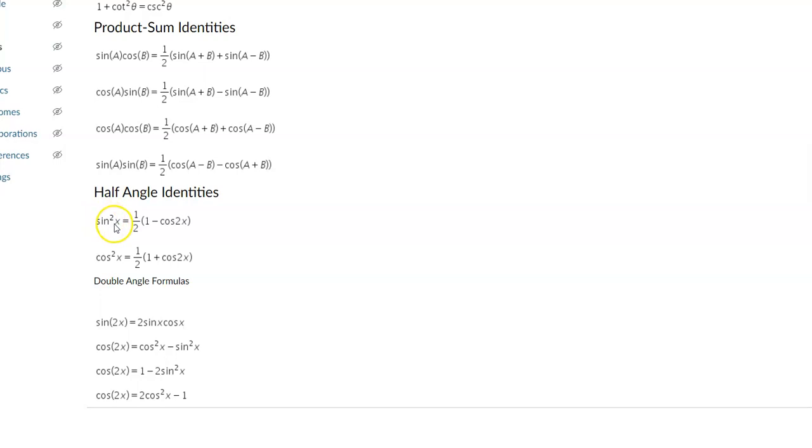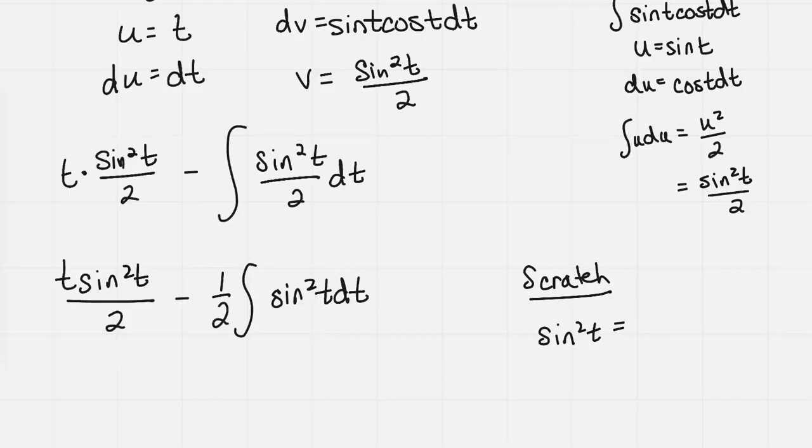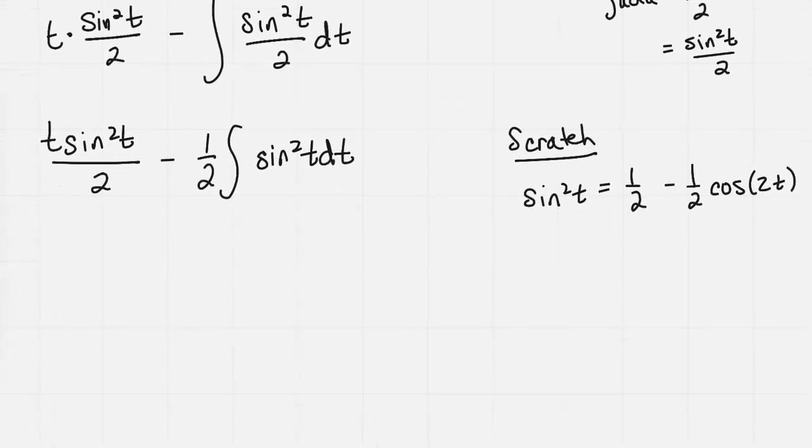So I have sine squared x equals 1/2 times 1 minus cosine 2x. So I'm going to bring that into play here. And I'm going to distribute that 1/2. So I'm going to write it as sine squared x equals 1/2 minus 1/2 cosine, or sine squared t equals 1/2 minus 1/2 cosine 2t. And that's now going to be something I'm going to find the integral of.